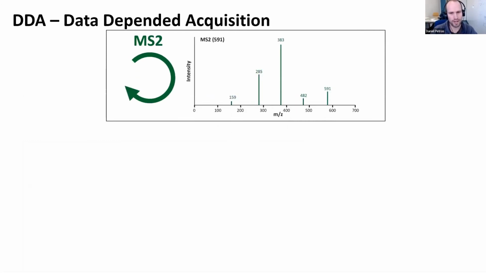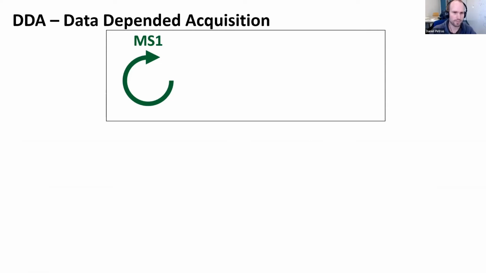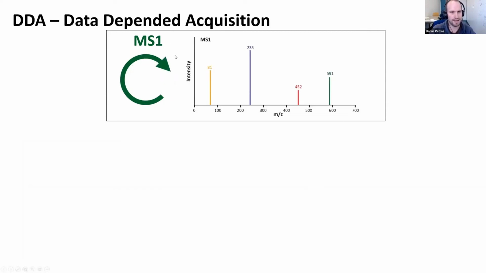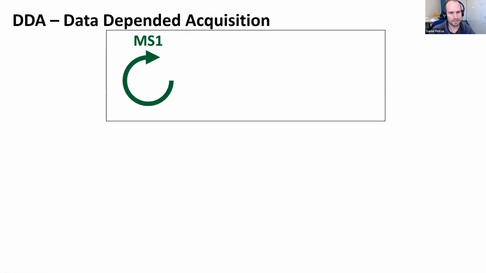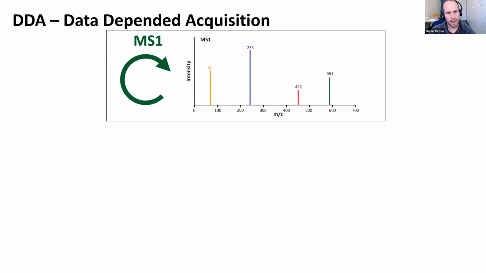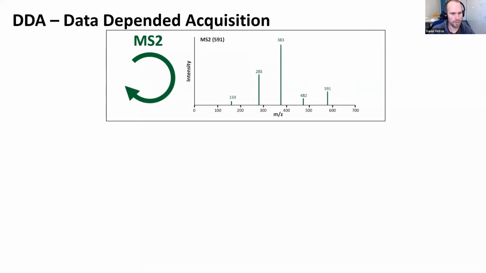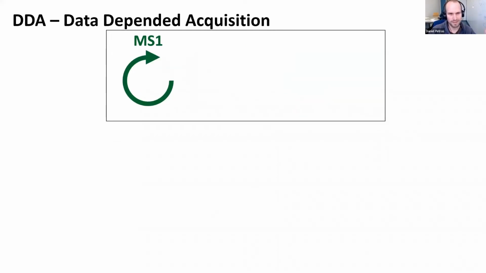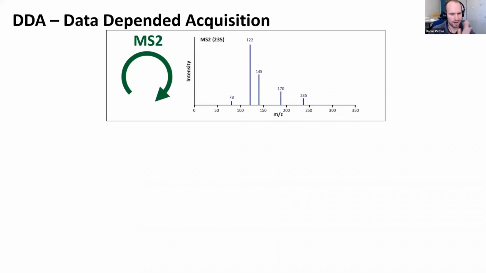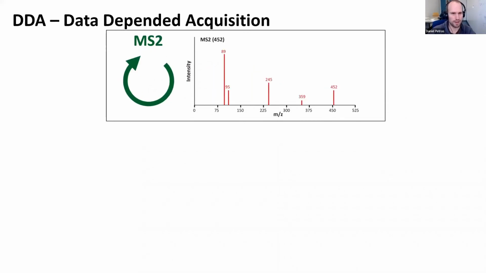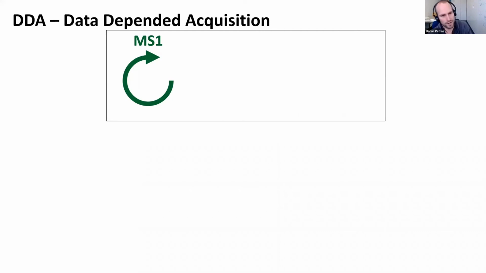So it's a rolling iterative process where we do these MS1 scans, and then depending on that information, the machine automatically picks masses which are submitted to MS/MS. So this is really non-targeted, right? Because it picks up what is present at a given time. Now there are a couple of different settings, which I think we're going to talk more about next time.